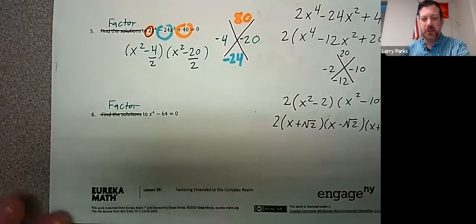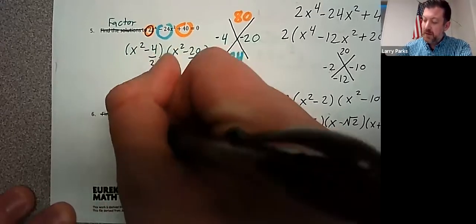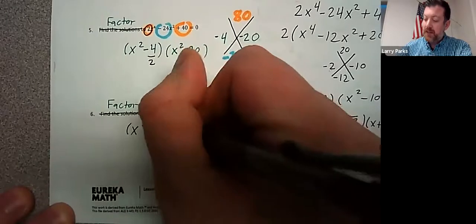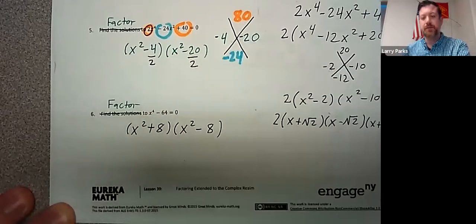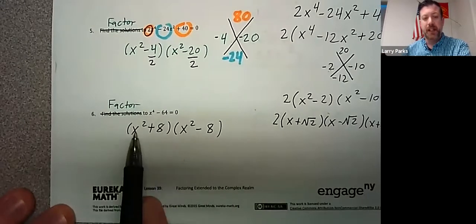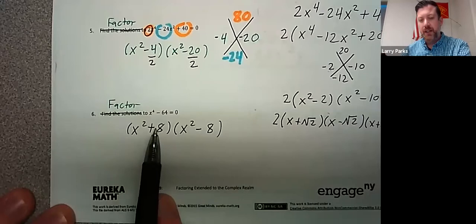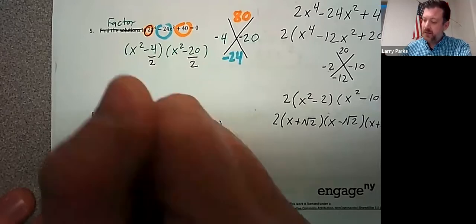So I'd say x squared plus 8, x squared minus 8. And then from there, x squared plus 8, since 8 is not a perfect square, I'm going to use square root of 8, square root of 8.